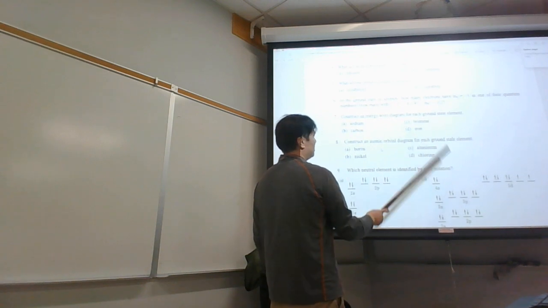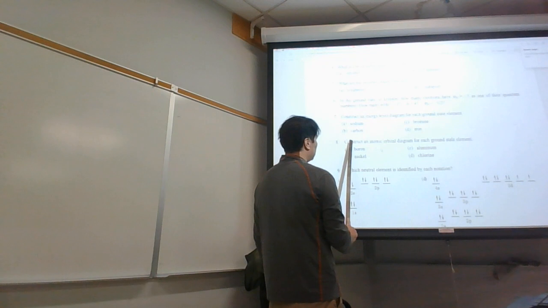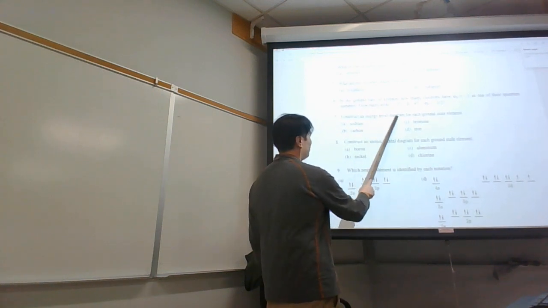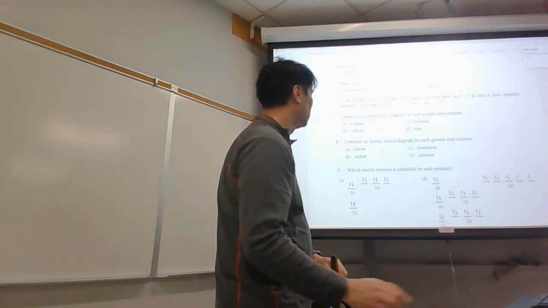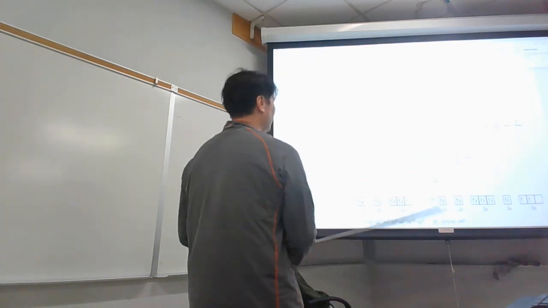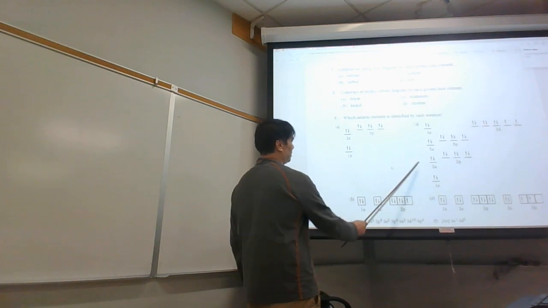Ground state just means you fill the lowest to the highest. Okay, construct an atomic orbital diagram. So what's the difference between an energy level diagram and an atomic orbital diagram? In an energy level diagram, we have the energies on the y-axis.